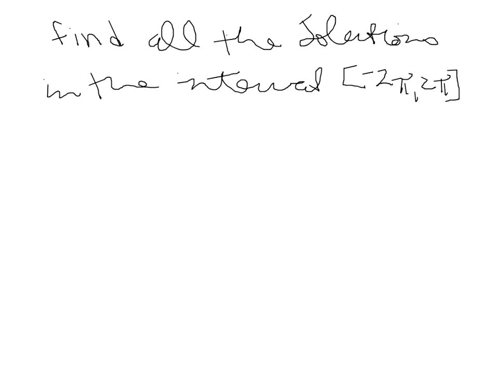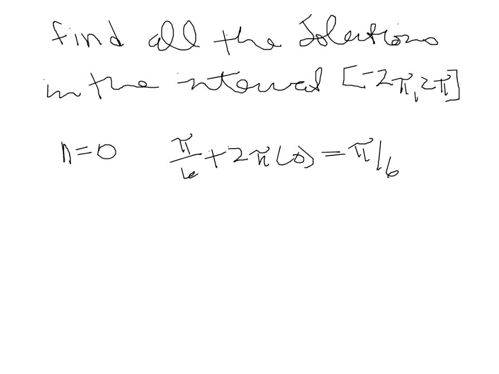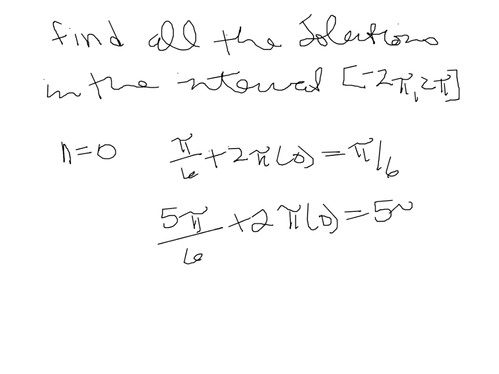Okay, so we start with n equals 0, and we take our general solution from the other page, and we get pi over 6 plus 2 pi times 0 gives us pi over 6. 5 pi over 6 plus 2 pi times 0 equals 5 pi over 6.